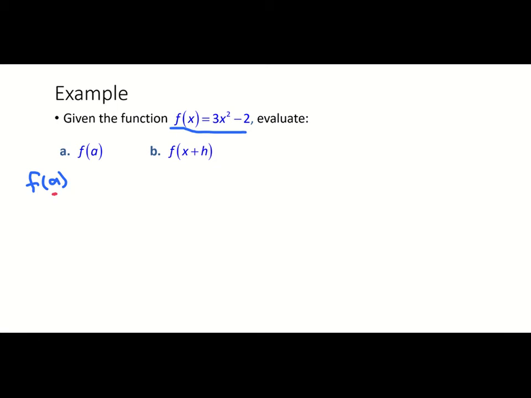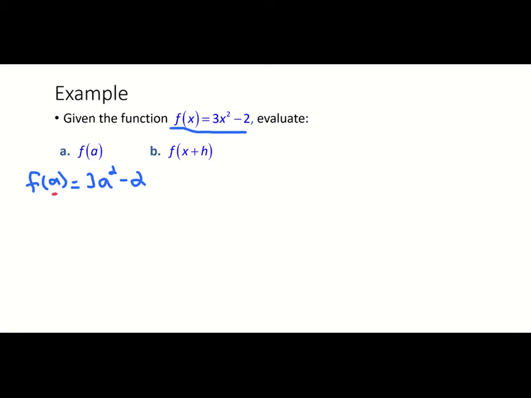So for this first one, it's going to seem kind of simplistic and kind of crazy, but all they want is, instead of x, we're going to do 3 times a squared minus 2. And that's all we're doing. That is it for that equation. So my answer to f of a is just 3a squared minus 2.